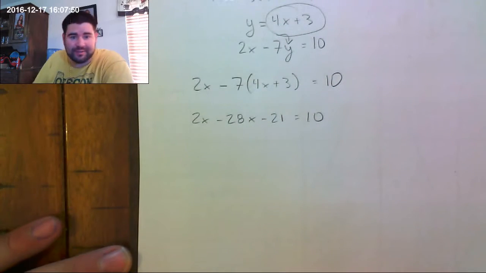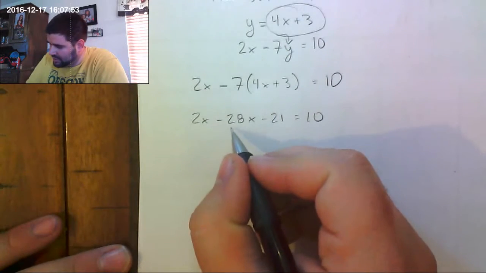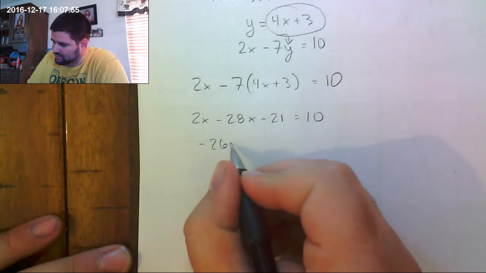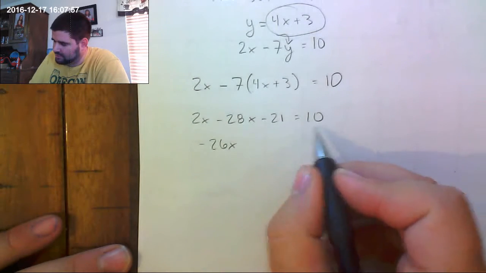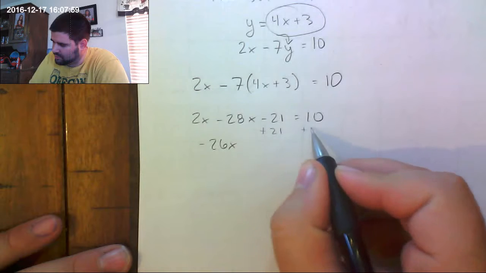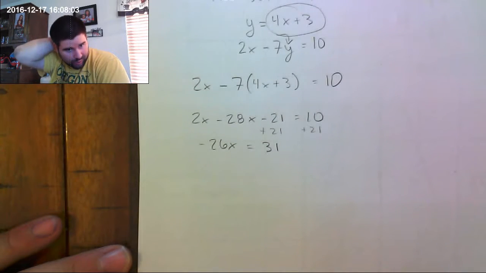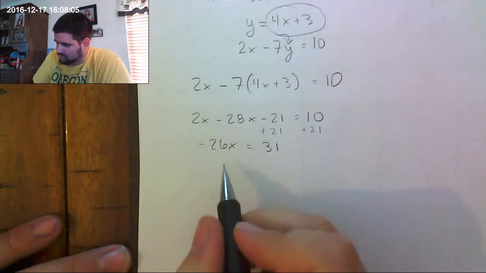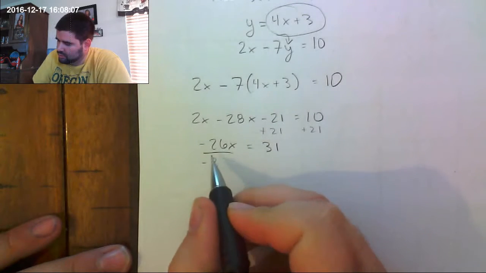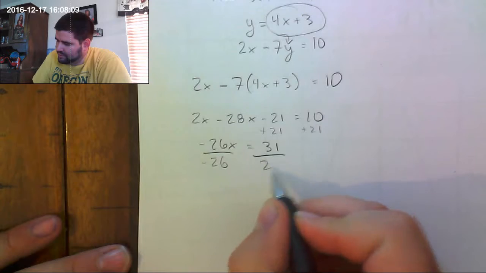It looks like this. That's going to be negative 26x, and that's going to be plus 21. Negative 26x equals 31. Oh no. Divide by negative 26 on each side.